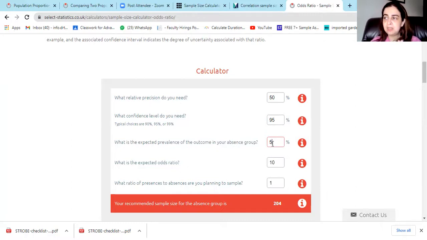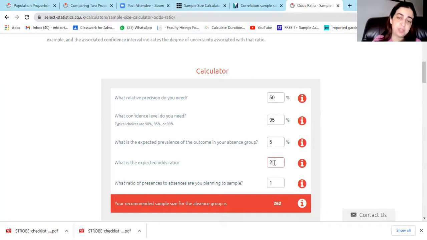Suppose you're taking a case control study of smoking and COPD. You take cases and see the proportion of smokers, you take controls and see the proportion of smokers. Here you will put the proportion of smokers in the control group, in this case the non-COPD group. And then you add the odds ratio over here.